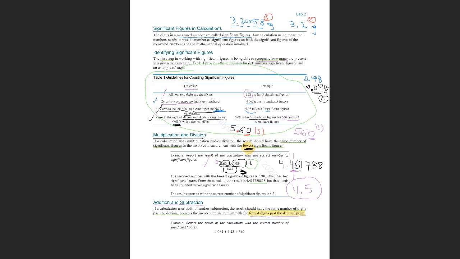It's a lot of words, but let's see here. They are giving us this calculation, right? 4.062 plus 1.23 plus 560. For multiplication, I had to look at the number of sig figs.